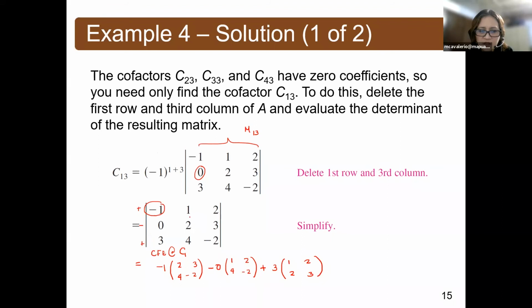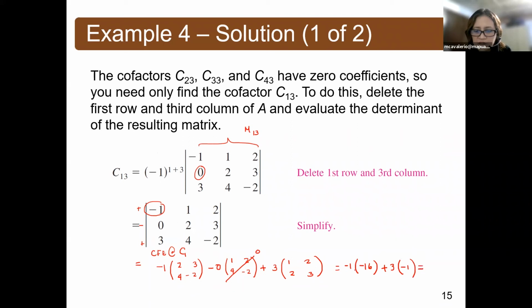So the determinant is equivalent to negative 1 times the determinant of the first submatrix, which is negative 4 minus 12, or negative 16. And then this is just 0. And then we will have plus 3 multiplied to the determinant of the last submatrix, which is 3 minus 4, or negative 1.